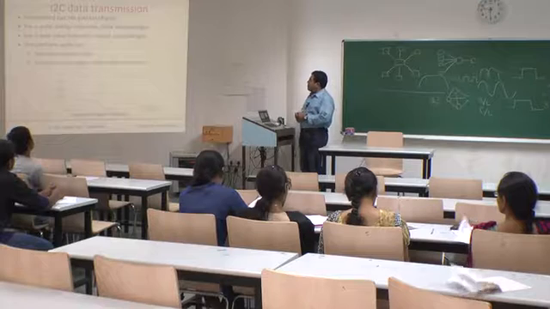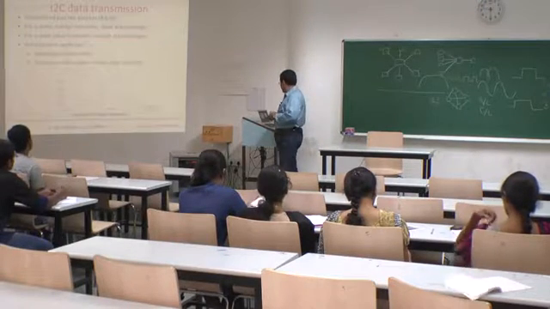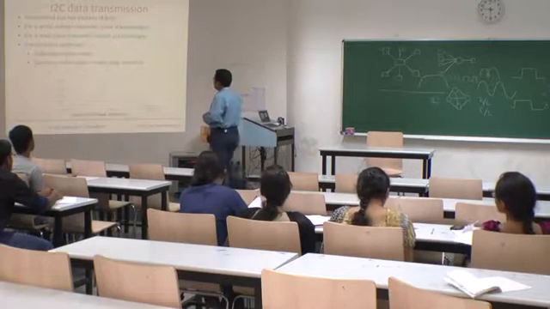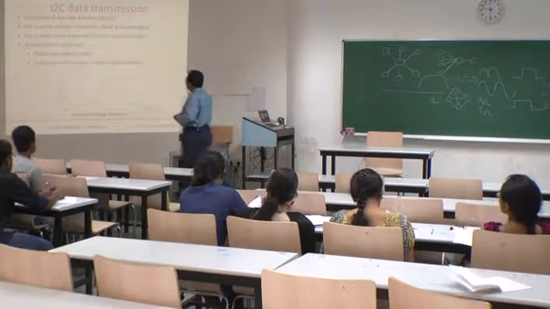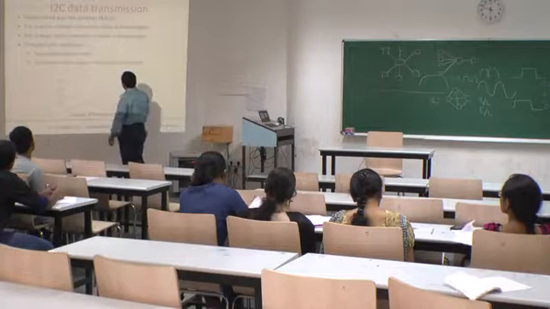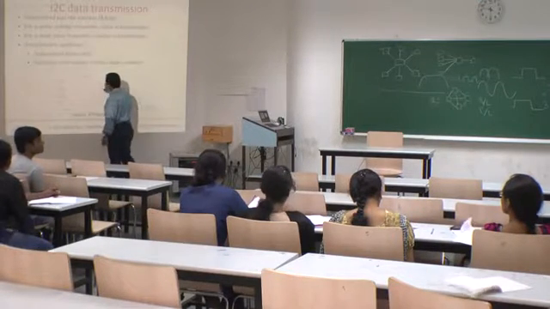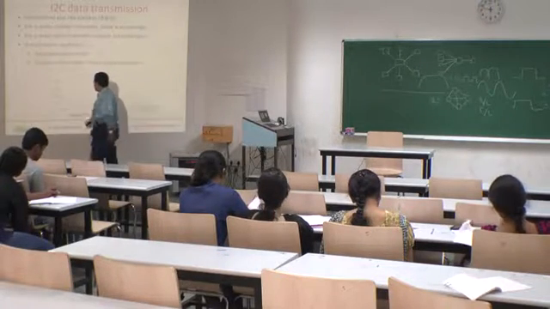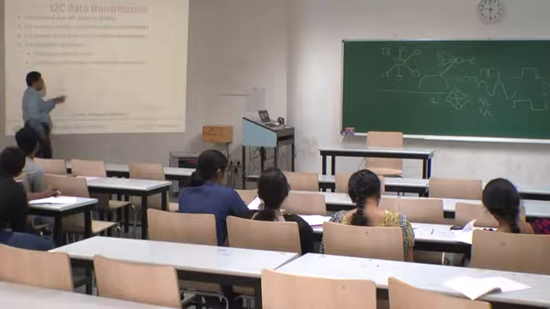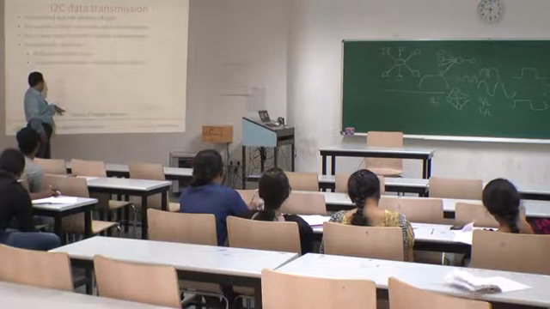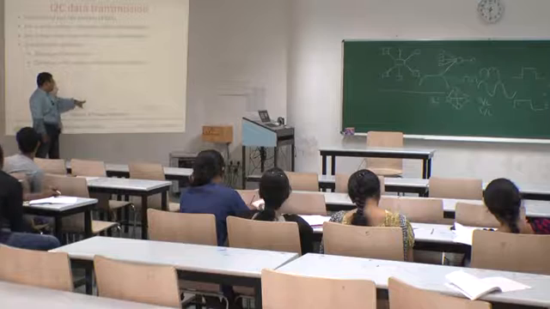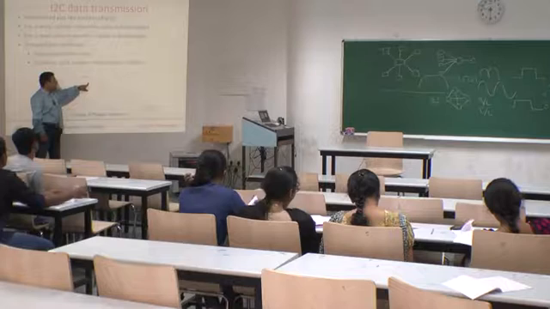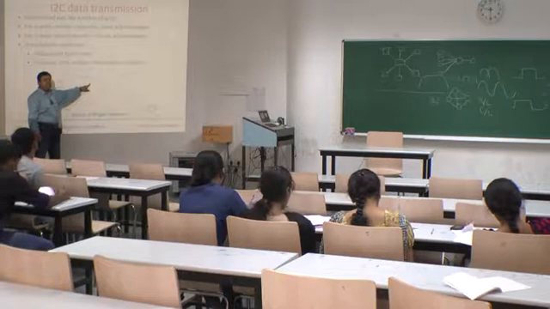Now, if you see the data transmission, the data is transmitted just like the address. For a write, the master transmits and the slave acknowledges. Now, when the clock is at logic low, then only the interchange of data takes place, as I told earlier.